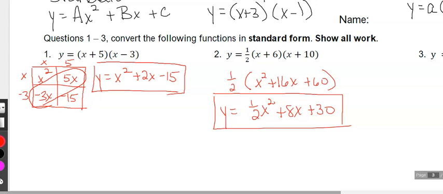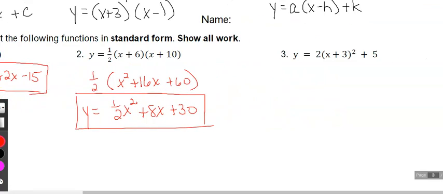Yep. Okay, number 3. Number 3 is in vertex form, but we can still multiply x plus 3 times x plus 3, because this part right here means x plus 3 times itself. And x plus 3 times itself is x squared plus 6x plus 9. Still got that plus 5 out there.